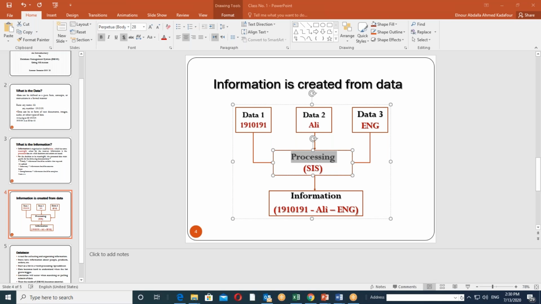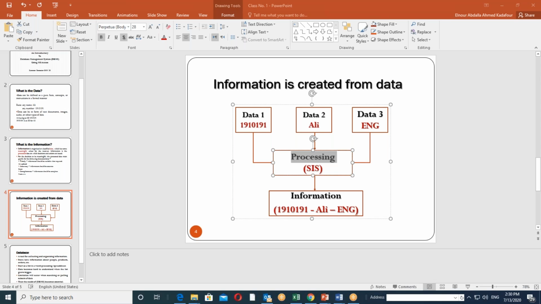Is there a difference between them, or are they similar? Yes. Anybody? The difference between them. Data, only one thing: valid. Okay, that is a fact. Why not? Good.